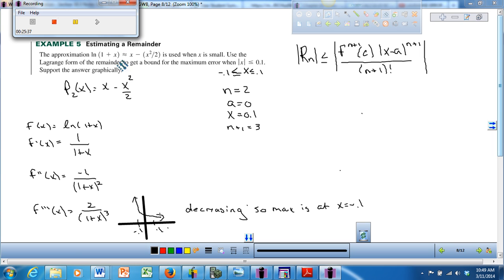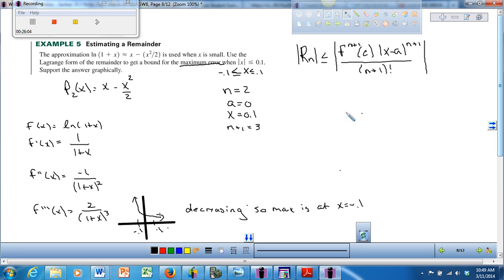It says the approximation of the natural log of 1 plus x is approximately equal to x minus x squared over 2, and this is used when x is small. Use the Lagrange form of the remainder to get a bound for the maximum error when the absolute value of x is less than or equal to 0.1, which means x is between 0.1 and negative 0.1.